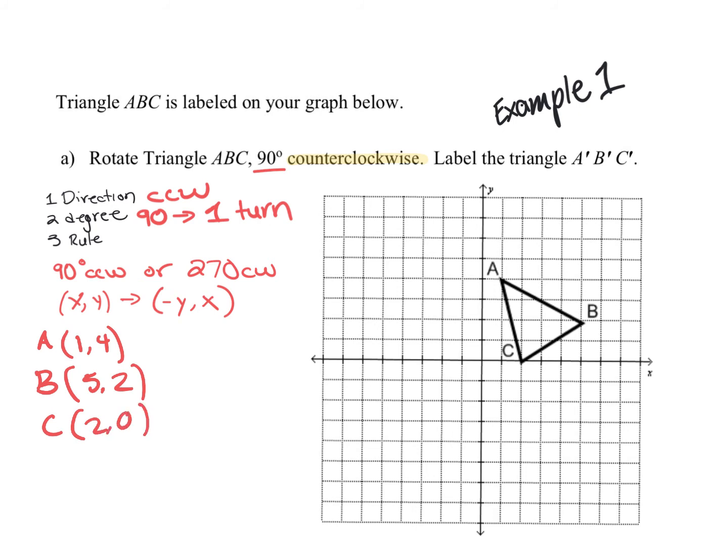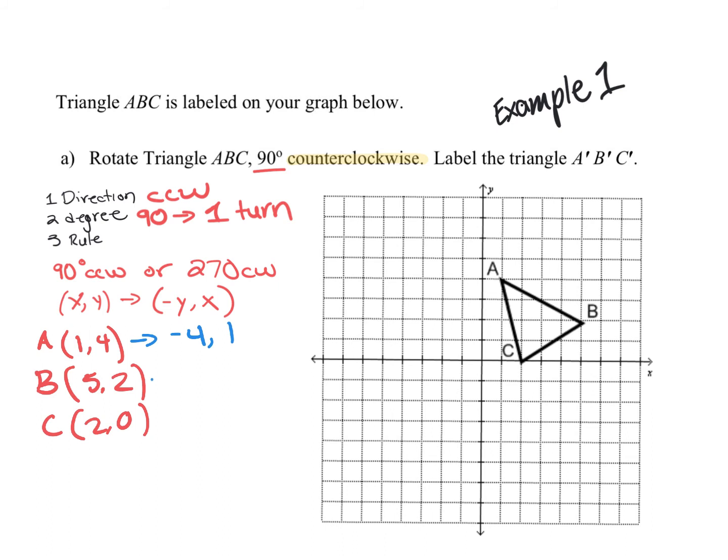Okay? Now, if we take these points and we do exactly what the rule states: I take that ordered pair and I flip the order of the numbers, so I started out with (1, 4), and I'm going to flip the order, that means it's going to become (4, 1). And then I change the sign of the y value.